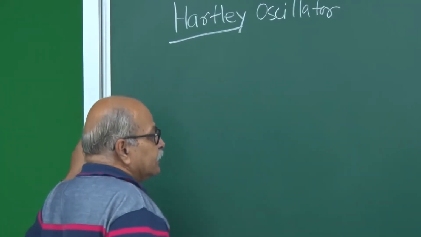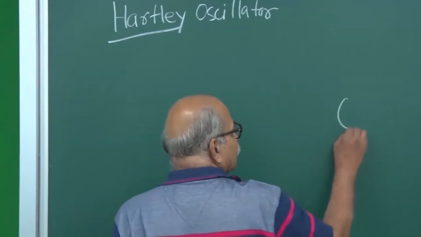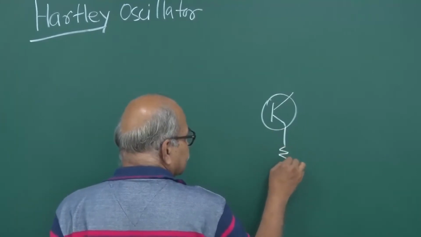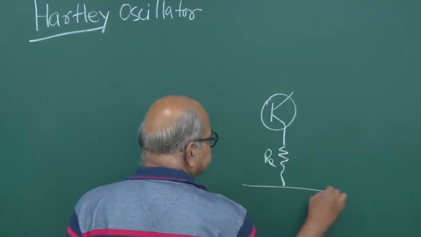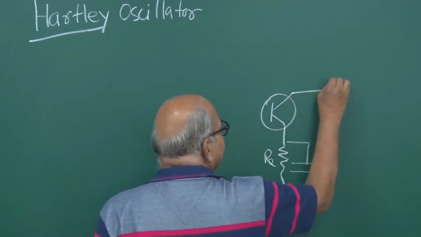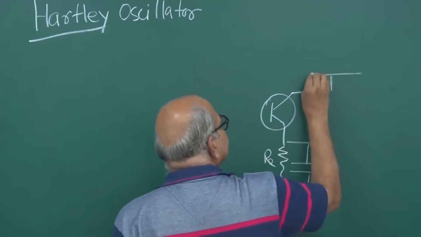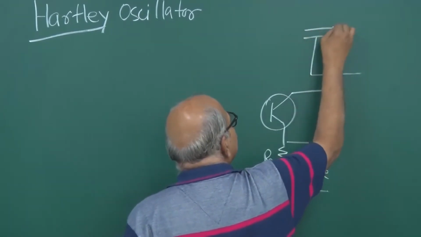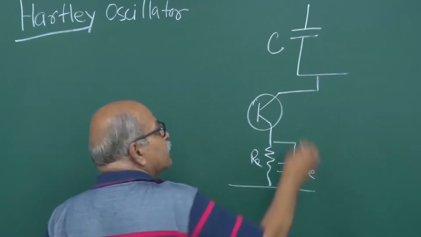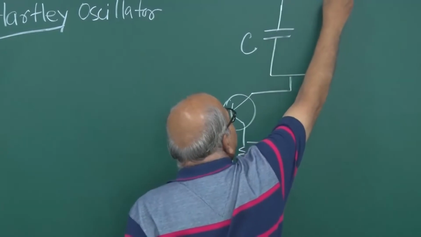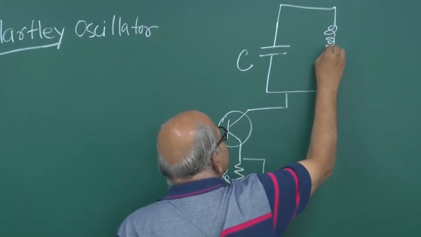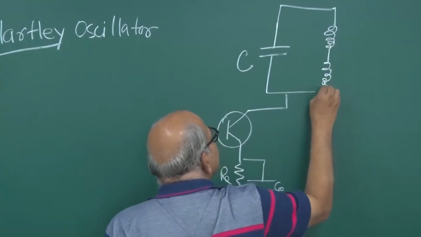In this you have that amplifying circuit, and in the collector part you put that tuned circuit where you have this capacitance, and then on the inductor side, you generally have two inductors, L1 and L2.